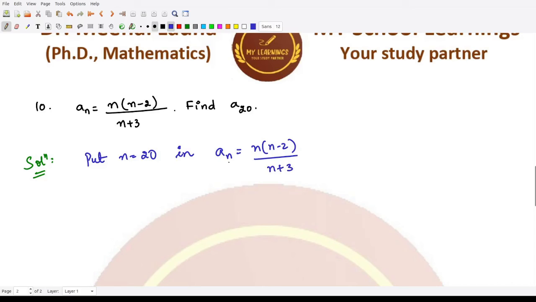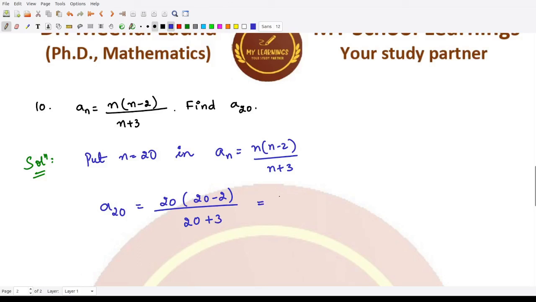So you see at which all places do we have n? We have n at the marked places. So here we would substitute the value of n as equal to 20. So let's do that quickly. So our a20 would be equal to 20 multiplied with 20 minus 2 divided by 20 plus 3.